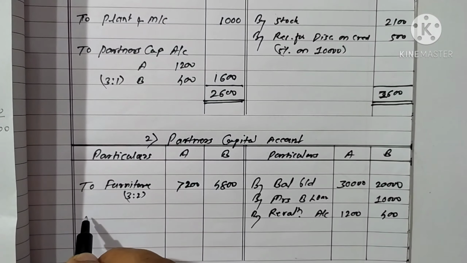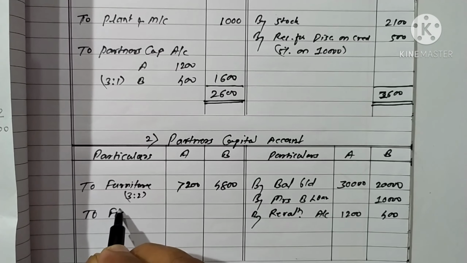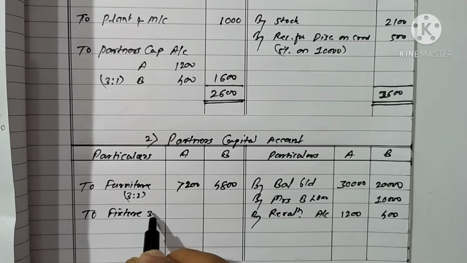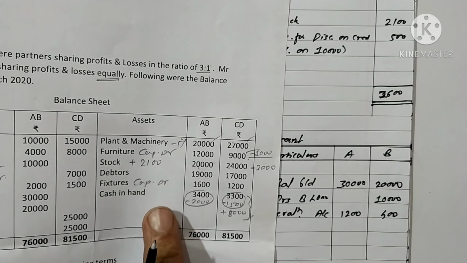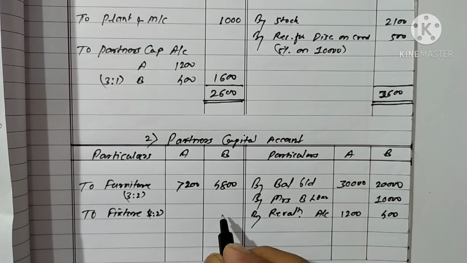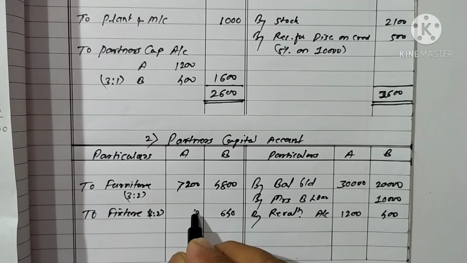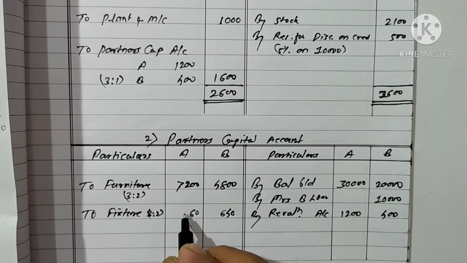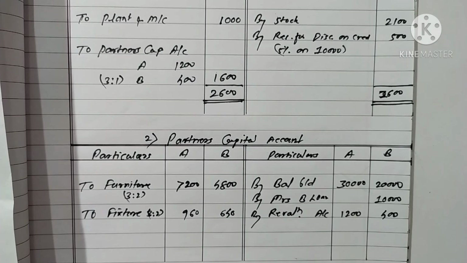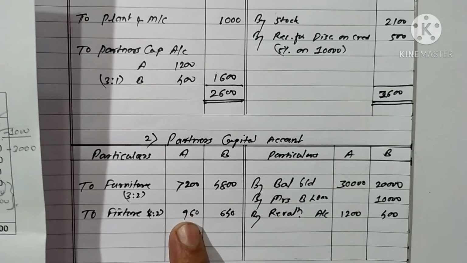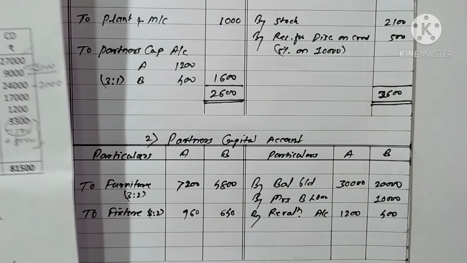To fixture, ratio is the same 3:2, rupees 1,600, 640, and difference is 960 for fixture. Okay, nothing else.